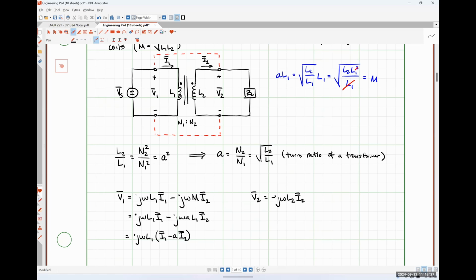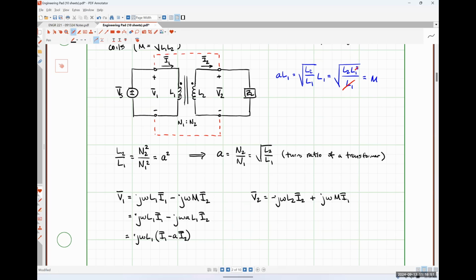For our mutual term, our positive polarity terminal is at the dot and our current is flowing into the dot, so our mutual inductance term should be positive. That's going to look like plus j omega M I1.